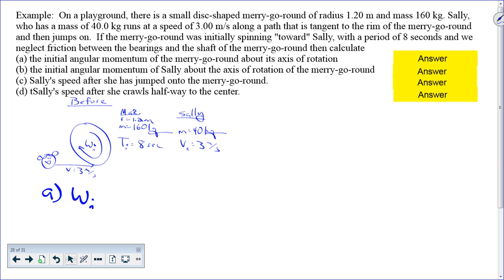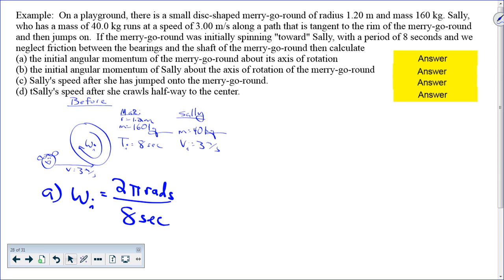Switch it into frequency and then times it by 2 pi. And how do you switch it into frequency? Just taking a reciprocal, right? It's going to go through 2 pi radians angularly, right? That's one rotation in 8 seconds, right? Follow?